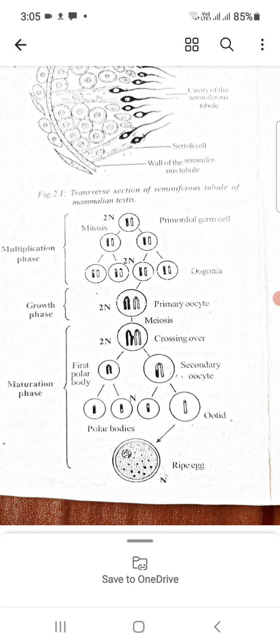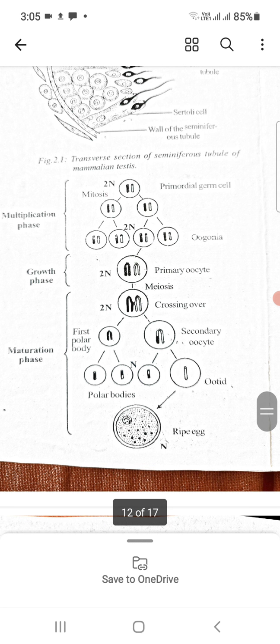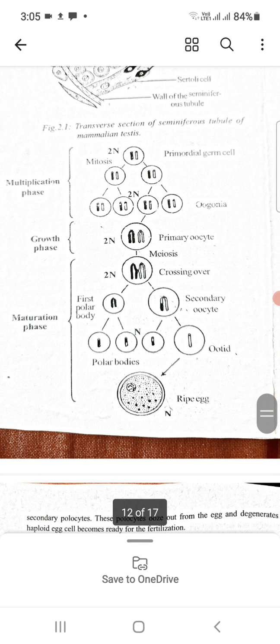After crossing over, there is the first polar body and the secondary oocyte. The growth of the first polar body is stopped, and the secondary oocyte is divided into one smaller egg and one larger egg. The larger egg is called the oocyte, and it develops into the mature egg, that is the ripe egg.